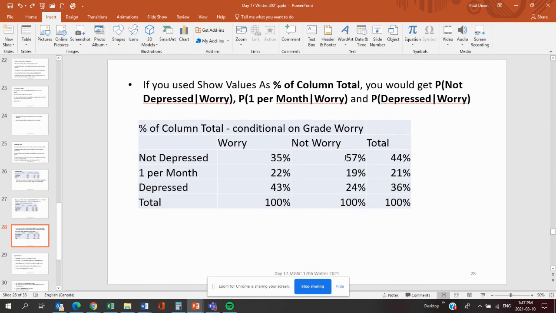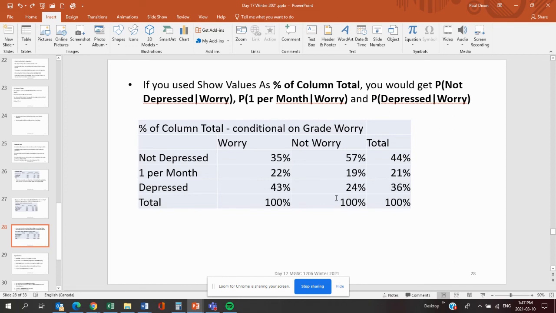So not being depressed is much more common among people that don't worry. Whereas if I was looking at what percentage are depressed among those that are worried, it's 43%. But among those that don't worry, it's only 24%. So there's quite a shift between those two. Again, it's a conditional probability that I've got here.